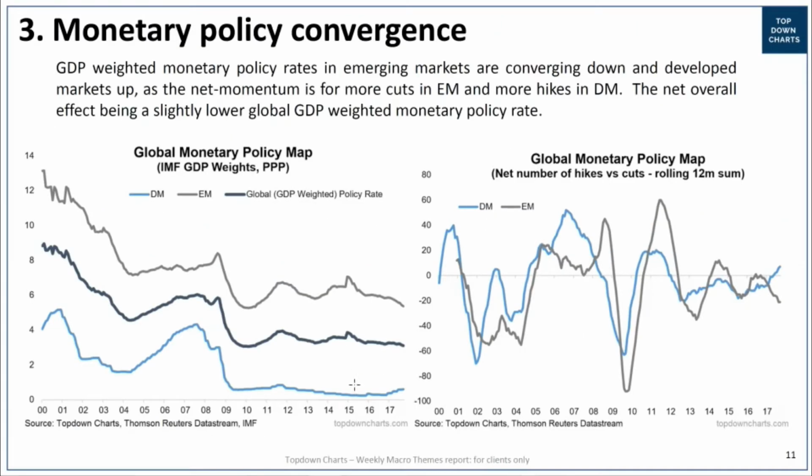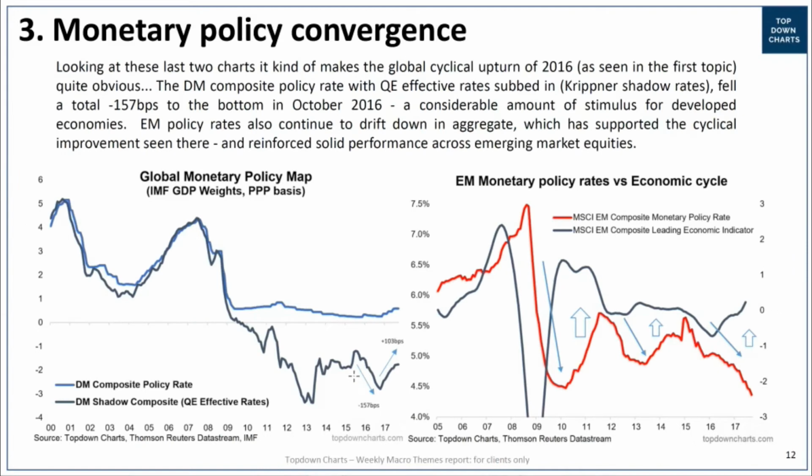Before we dive into the implications and the outlook, I wanted to show you these two charts as well. The one on the left is the developed markets composite rate. It's the same one from the previous chart, but it also shows this one here in the dark line. And the dark line is the developed markets shadow composite rate.